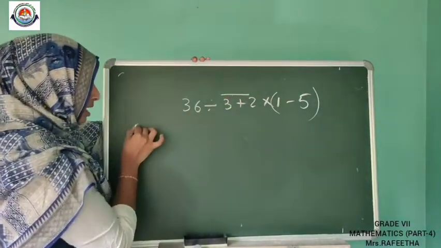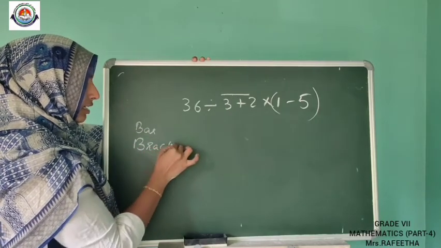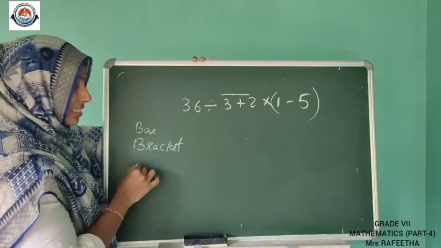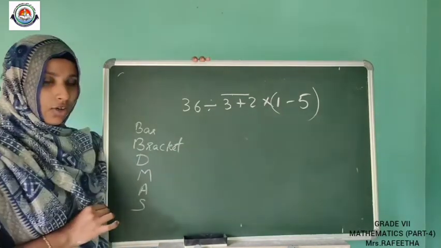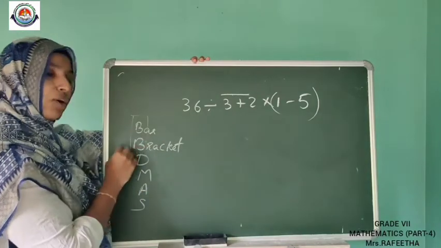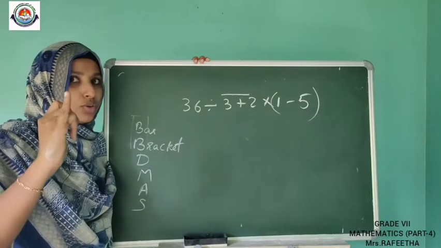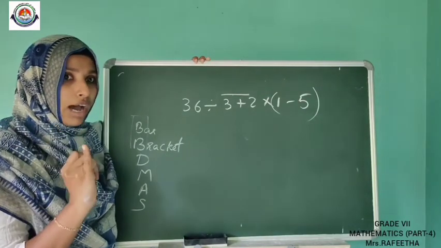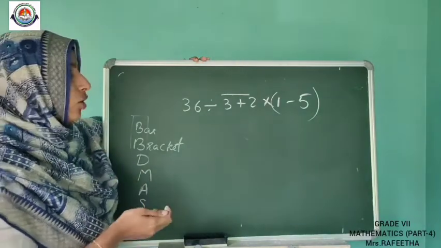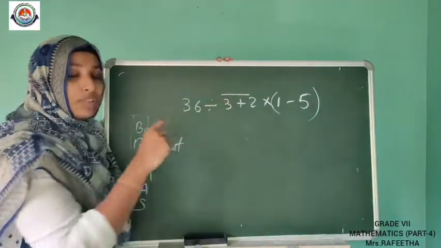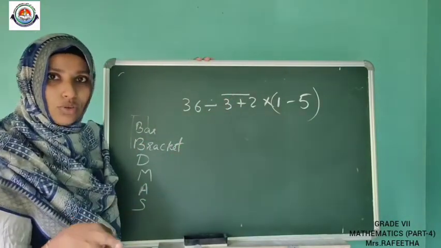First consider the bar, then consider the bracket, then consider division, then multiplication, then addition, then subtraction. Okay, so just remember bar and bracket: first preference goes to the bar, then bracket, then division, multiplication, addition and subtraction like that. Okay, so don't forget about this bar. If you are not bothering about this bar, the whole answer will go wrong.